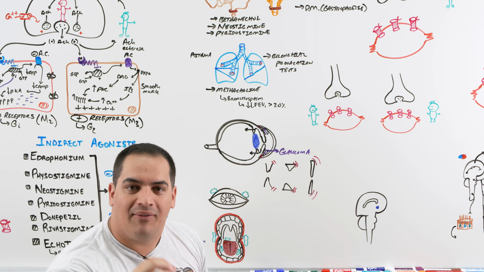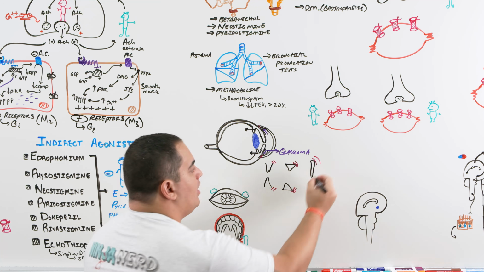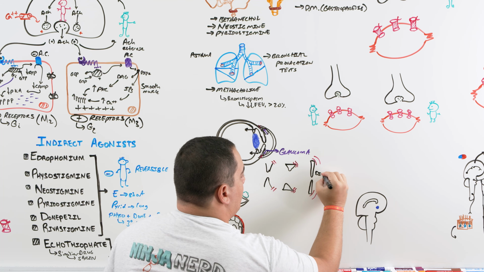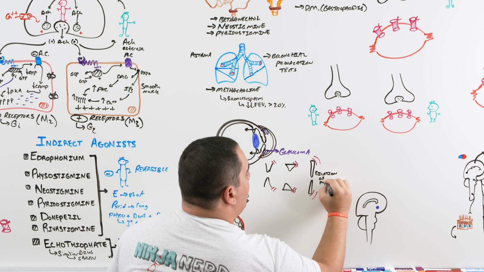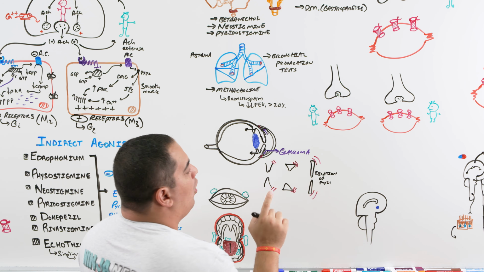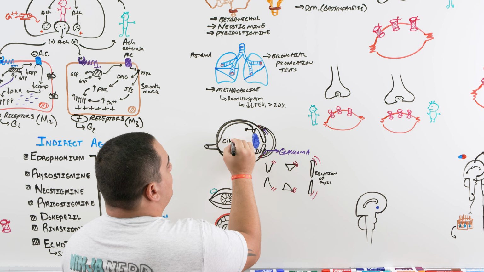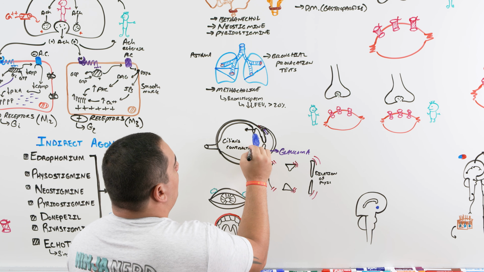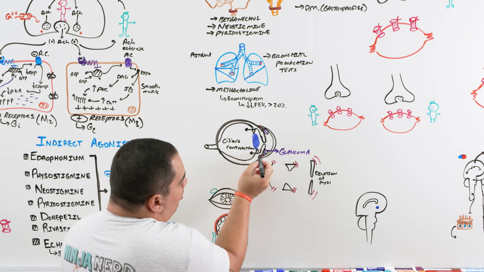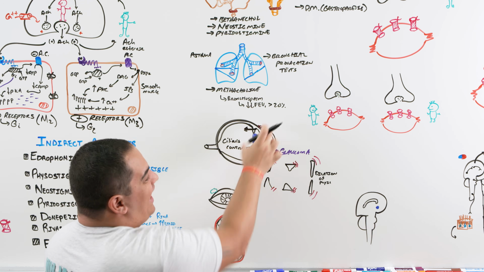So in patients who have glaucoma, what I can do is cause, one, the dilation of the pupil, and that'll help to open up that canal of Schlemm. Or the second thing is I can cause ciliaris contraction. And that will pull this whole structure backwards and help to open up that angle.